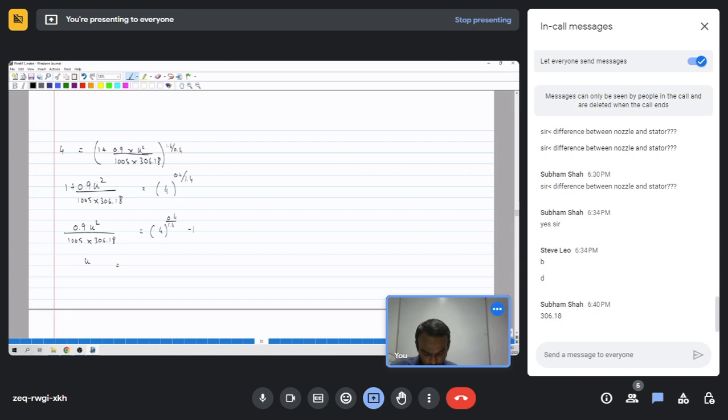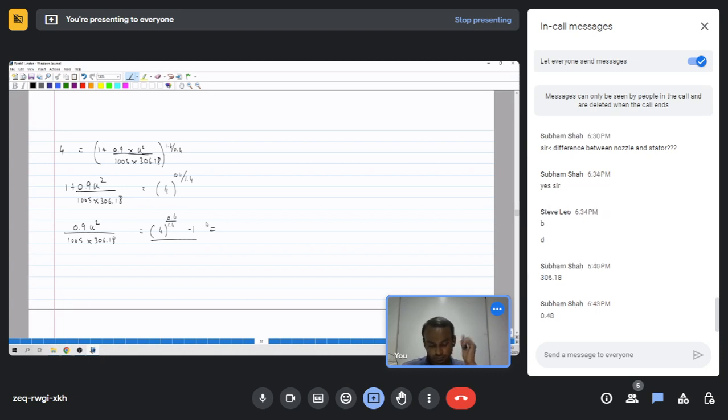U is equal to, maybe first we can compute this alone. Okay, so it is 0.48.